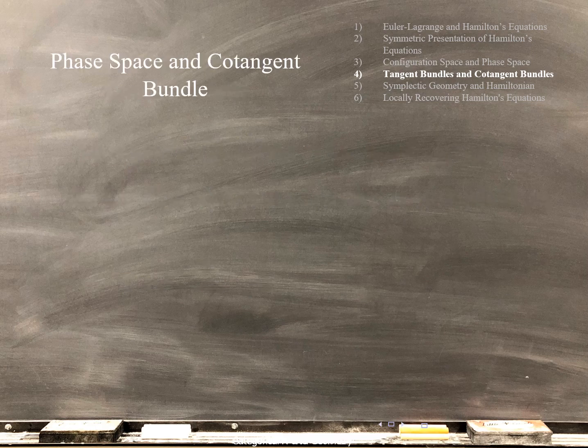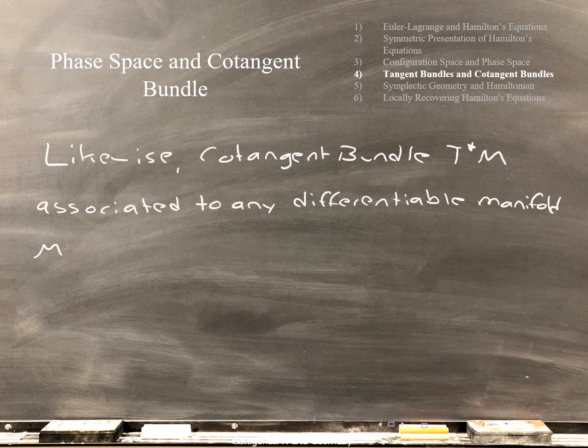Okay. So phase space is going to be similar. This is what comes up in the context of Hamiltonian mechanics. This again is going to be a 2n-dimensional space. This is built out of the dual vector space at each point for our differentiable manifold, as opposed to just the vector space. And we're similarly going to get a projection from the cotangent bundle to our manifold M.